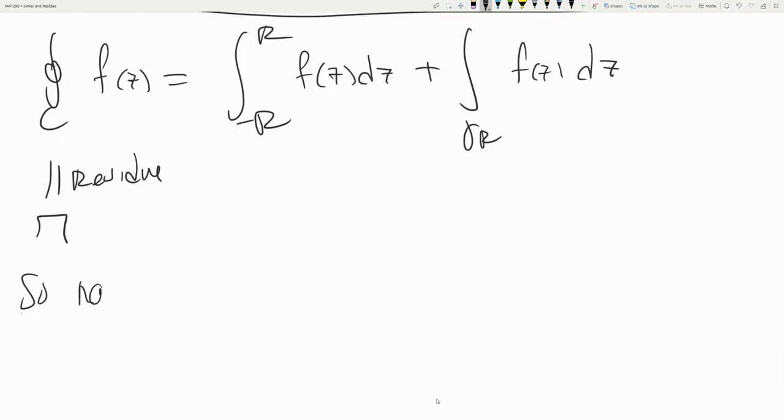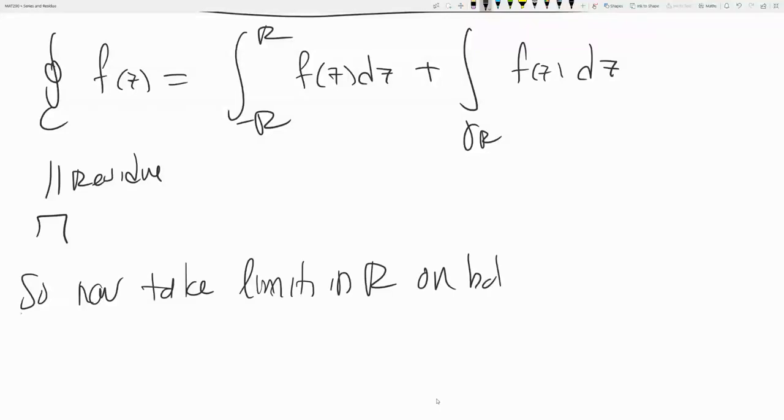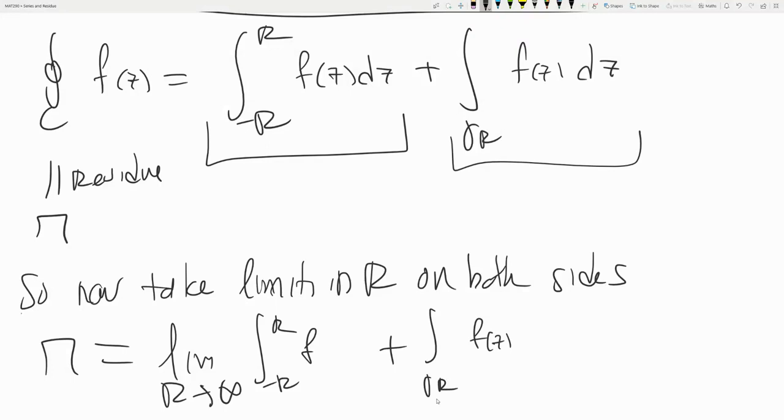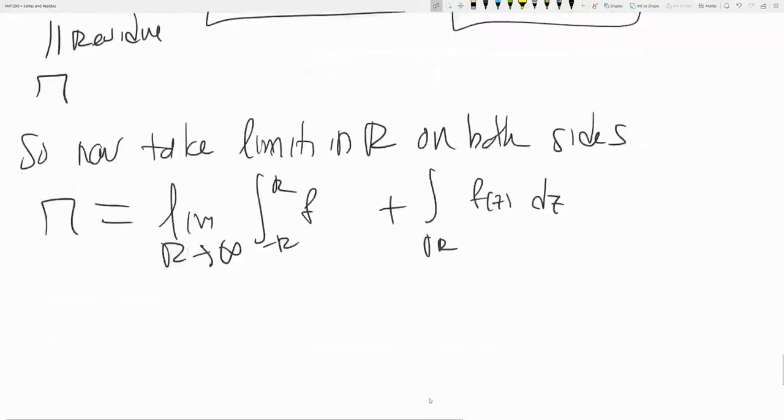So now take limits in R on both sides. Okay, so you have pi is equal to the limit in R of this guy plus this guy. And we just showed above that this guy is 0 once you take a limit.